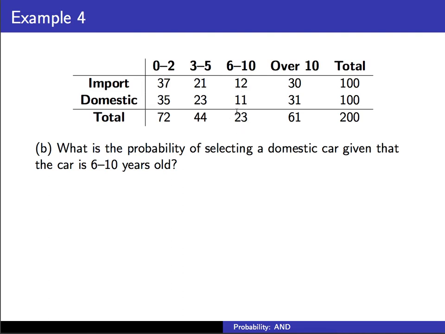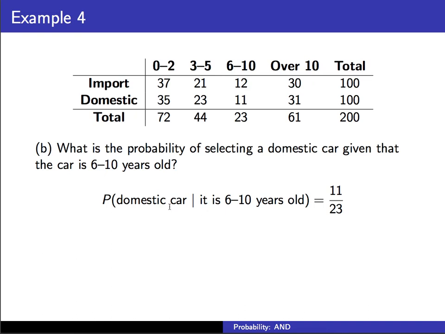Out of those 23 cars, we want to know how many are domestic. That's 11 out of those 23 cars. So 11 out of 23, a little bit less than 50%, or half.